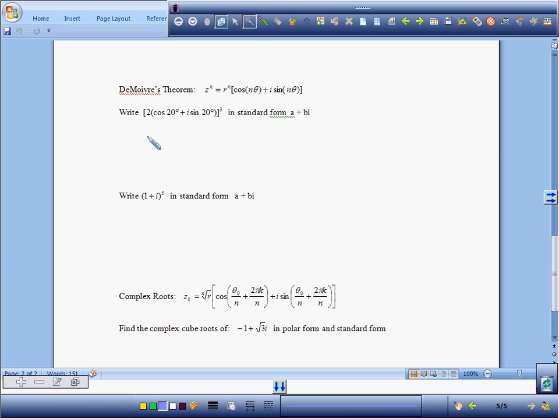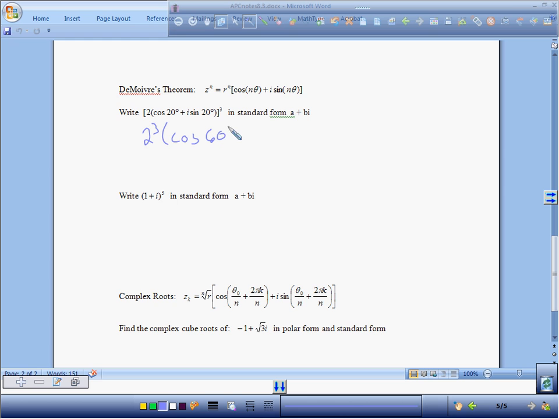So if I wanted to do this, this would be 2 to the third power times the cosine of 3 times 20, which is 60, plus I sine of 60. Do you guys see where I got that from? It's n times theta, and you raise this to the n power. So basically, you are multiplying by itself 3 times, really, is what you're doing.